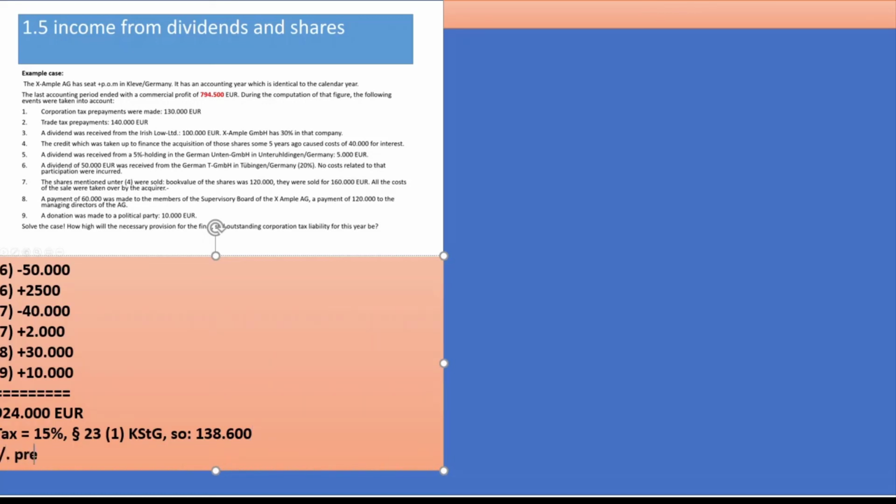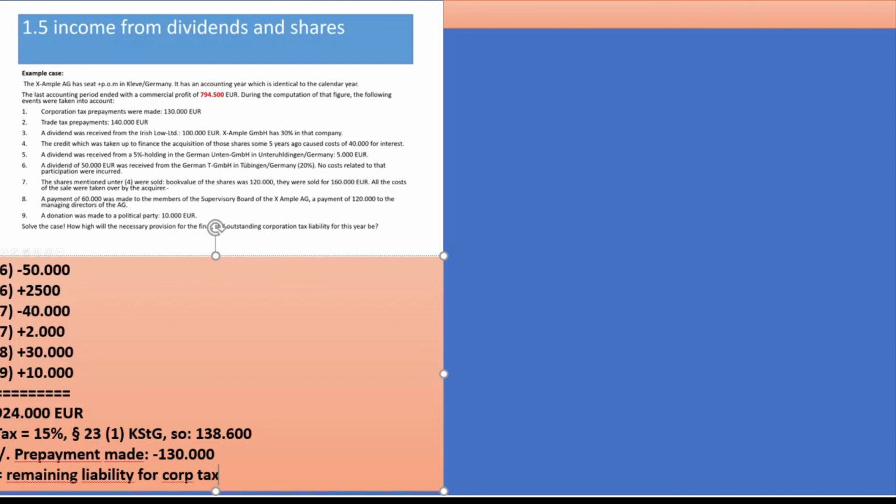By the way, minus prepayment made 130,000. So remaining liability for corporation tax final payment would be 8,600, and for this under commercial law you would still have to make a provision.